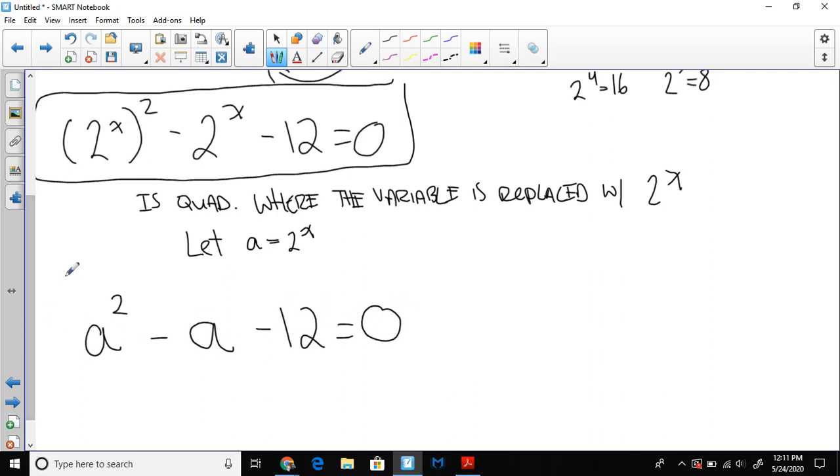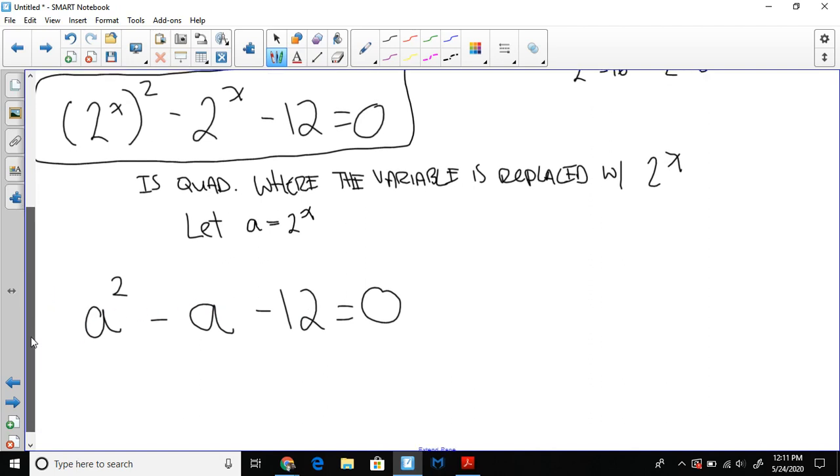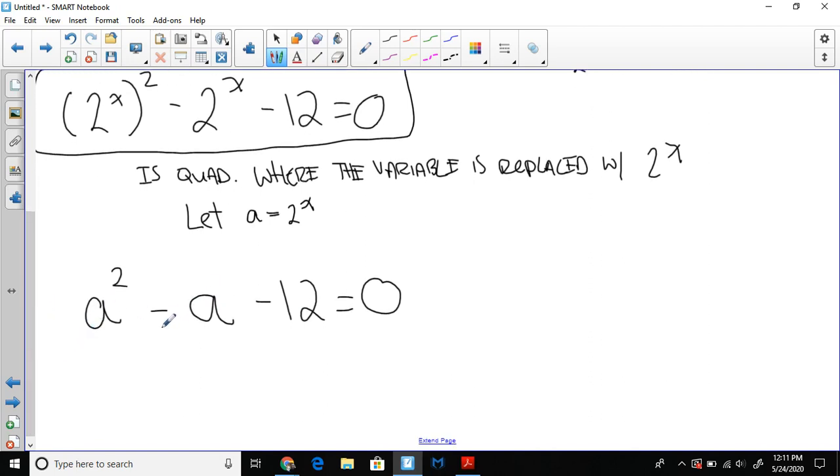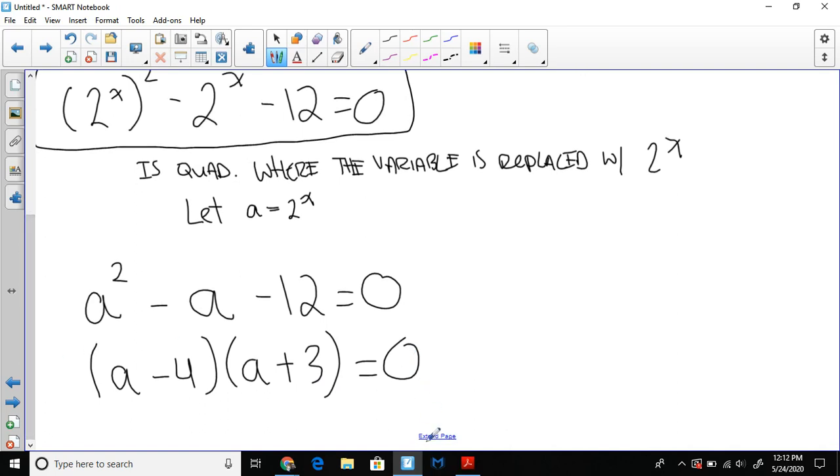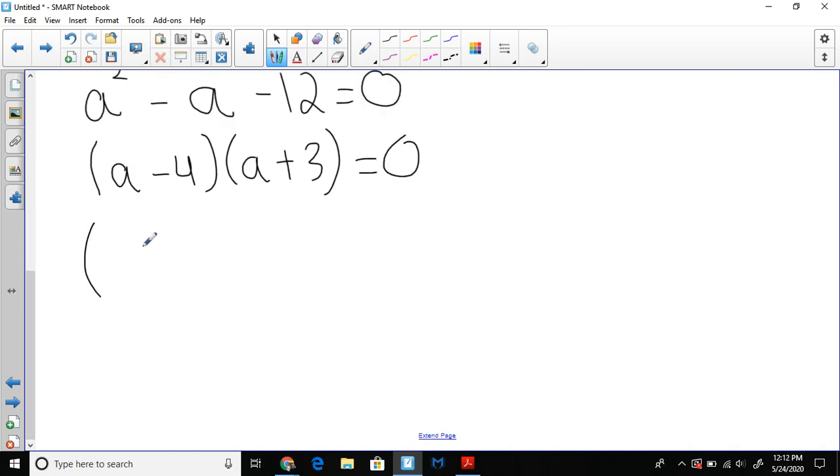Okay, everybody with me? If you look at that, you're like, yo, this is a joke to solve. This is really easy, right? This is a simple trinomial. What adds to -1 and multiplies to -12? Well, -4 and 3. And now I'm going to put back in 2 to the x.